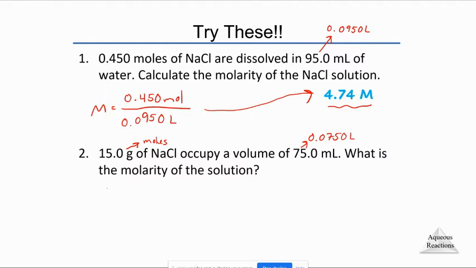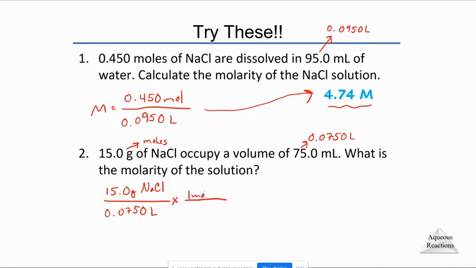I know that I've got 15.0 grams of NaCl in a volume of 0.0750 liters. Then I'm going to use the molar mass to convert grams of sodium chloride to moles.